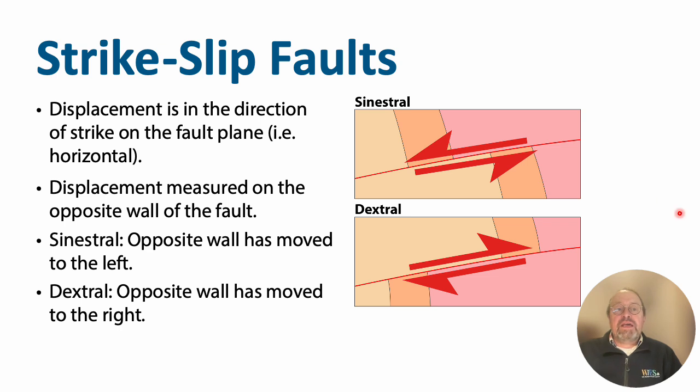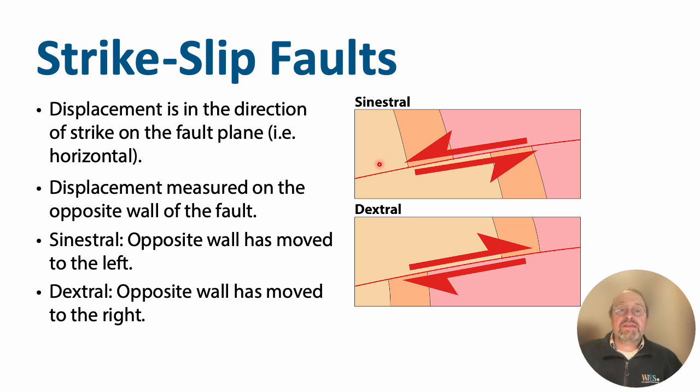So in the case of strike slip faults, we describe these as they can move in one or two directions, right? So either the block here on the top moves to the left, or it can move to the right relative to the other block. And we use this to name this type of faulting.